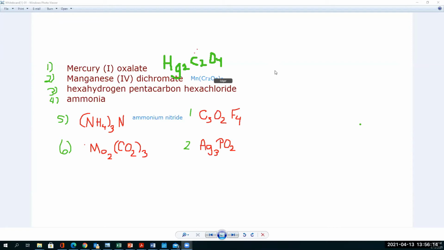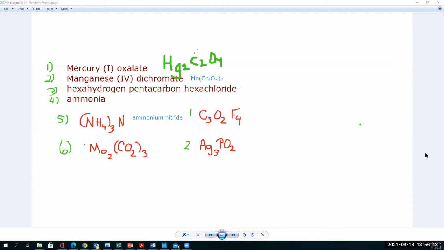So for number 3, we are dealing with what we call covalent compounds, which means that these covalent compounds have prefixes. What my group and I ended up having for this covalent compound, let me check this back.